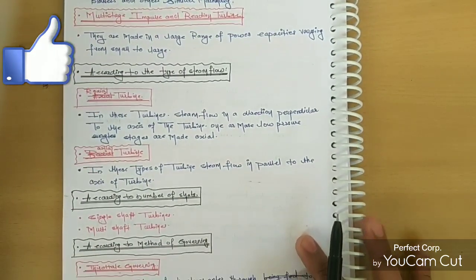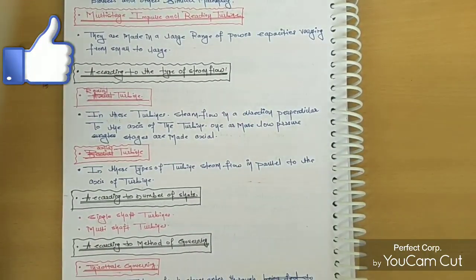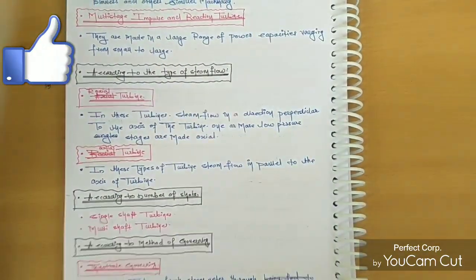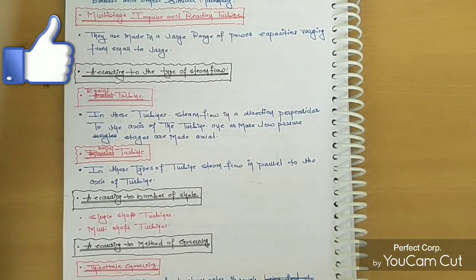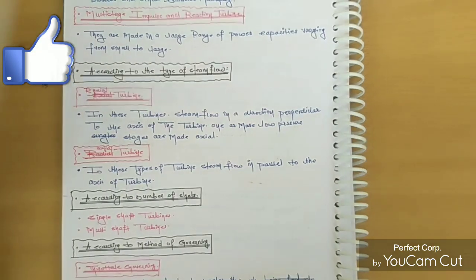Another aspect is according to the method of governing. We first want to know what governing is. Basically, the principle of governing is to measure the proper supply of steam, how much steam the turbine needs.